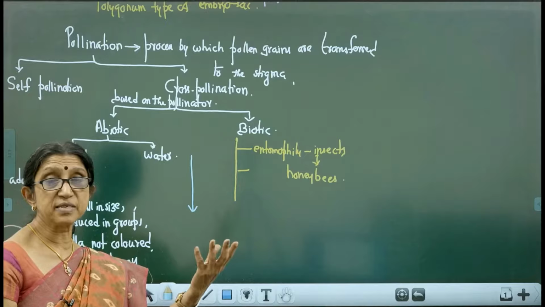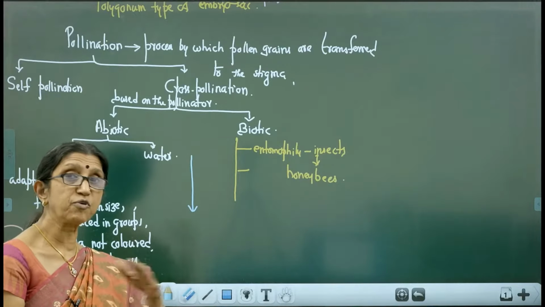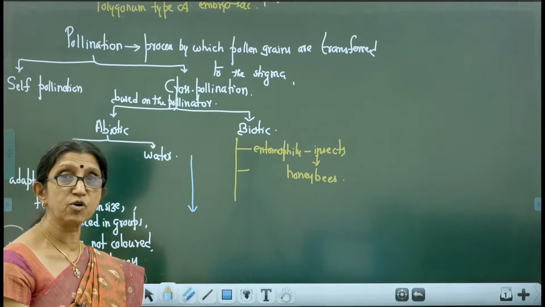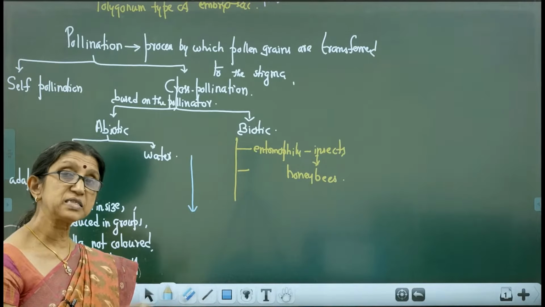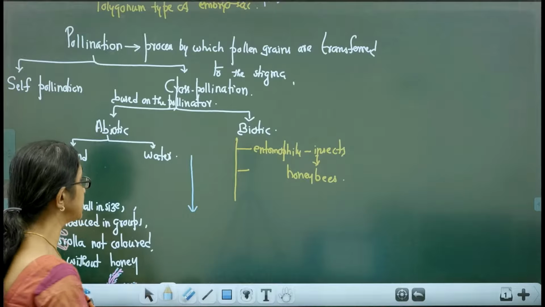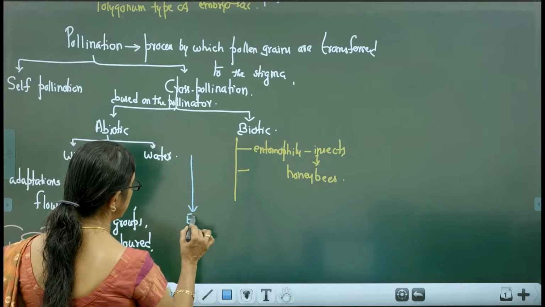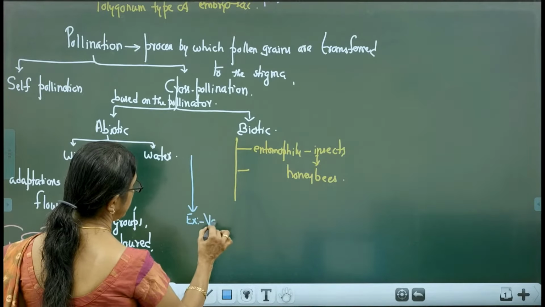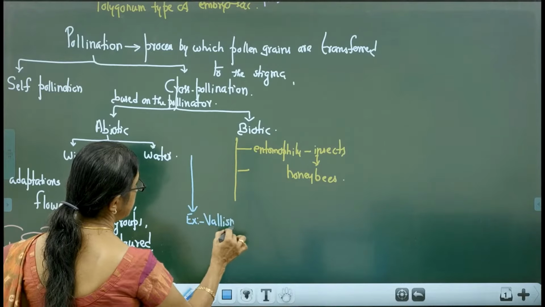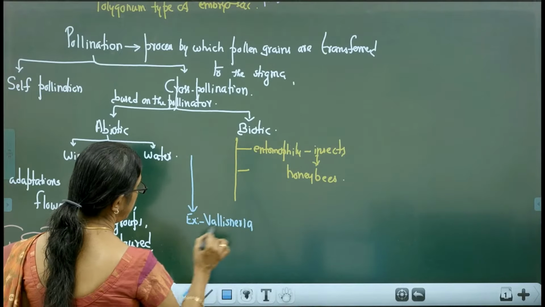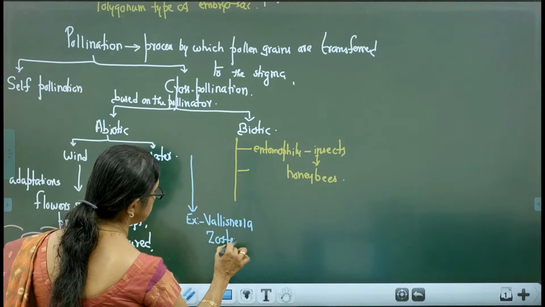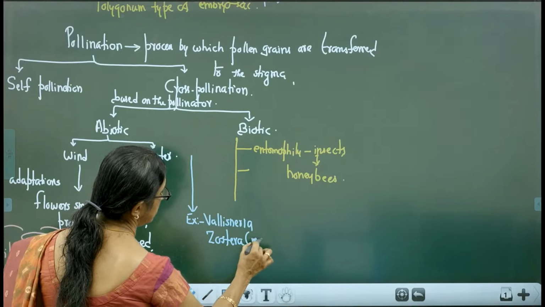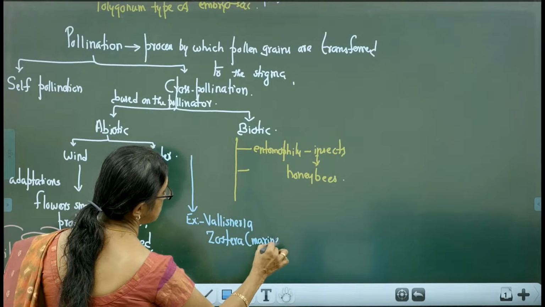But we can see Eichhornia, which you have studied, is a floating one. Pistia is also a floating one. So this is commonly seen in plants that are submerged in water. Example, Vallisneria. Then there is a marine grass called Zostera.